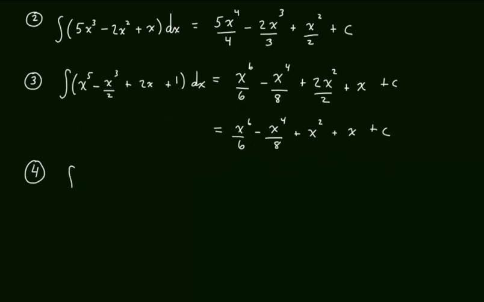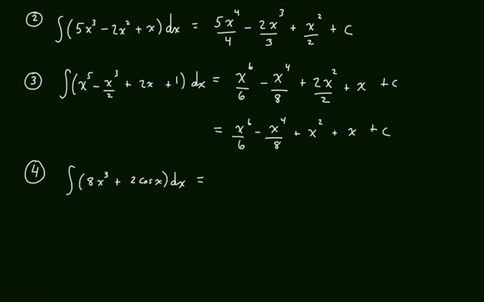Example number 4. Let's find the antiderivative of 8x to the power of 3 plus 2 cosine of x dx. Okay, so this is a combination of the reverse power rule and the basic trig derivatives you've memorized.